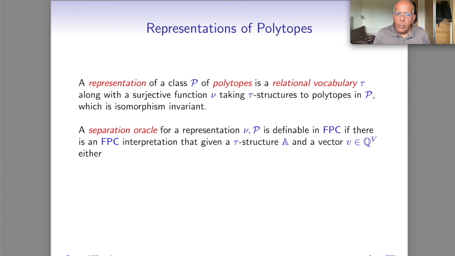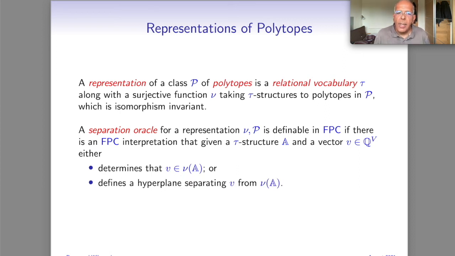A separation oracle for such a representation is said to be definable in FPC if there is an FPC interpretation which, given the τ-structure A and a vector v in Q^V, where V here is the universe of the τ-structure A, either says yes, this vector is in the polytope μ(A), or gives you a hyperplane, coded as a relational structure, which separates v from μ(A).